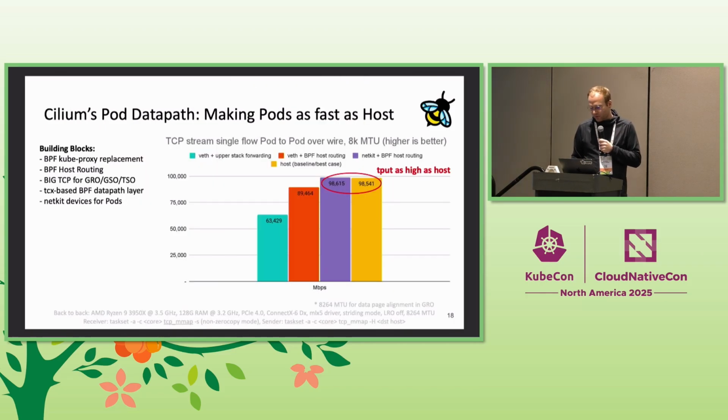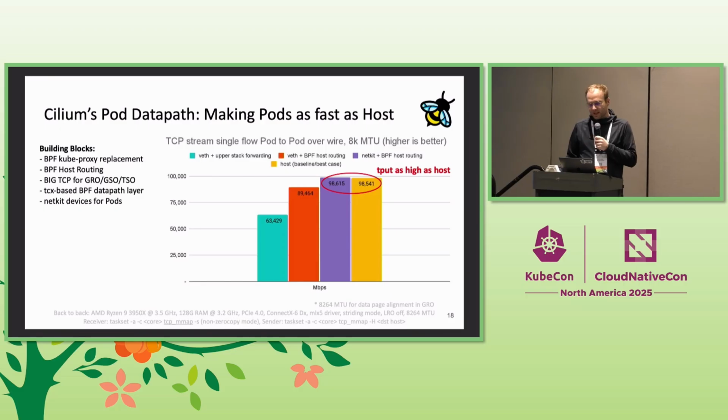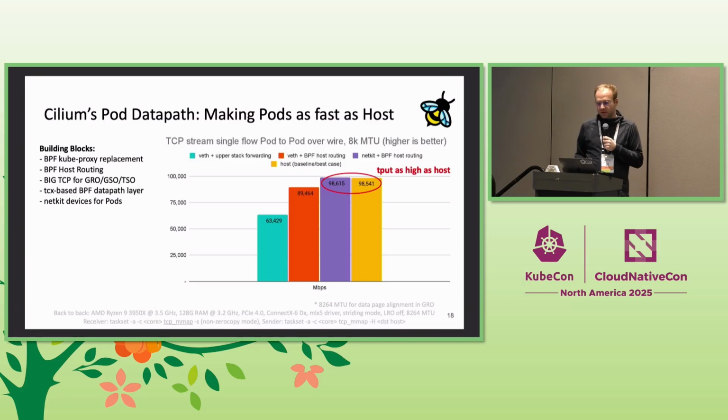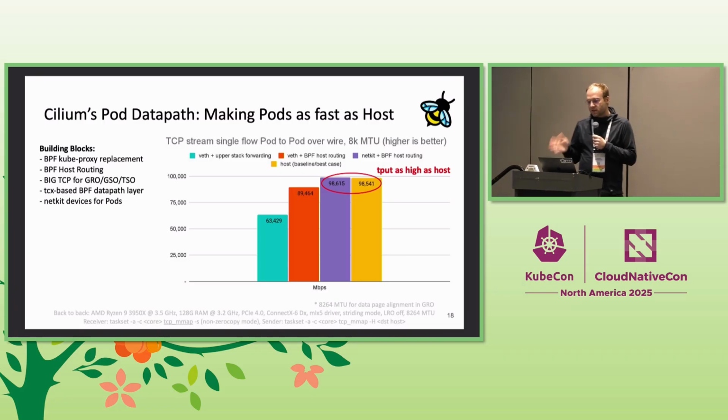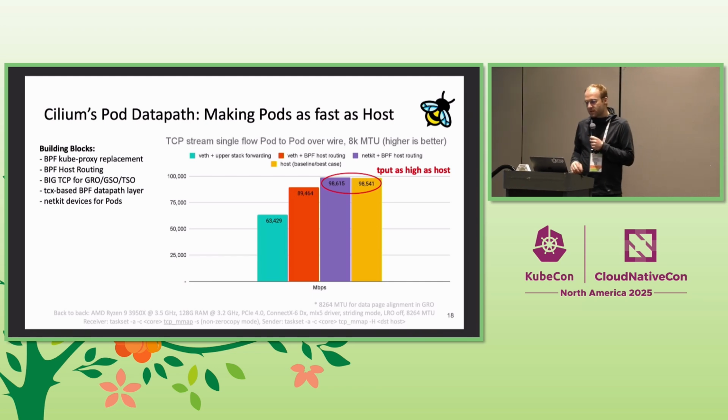So doing a performance benchmark, what you can see here on the very left side, the 63 gigabit per second, is the standard pod data path. We had two bare metal machines with 100 gigabit per second NICs and did performance testing there. And the yellow one is if iPerf or netperf were in the host namespace.